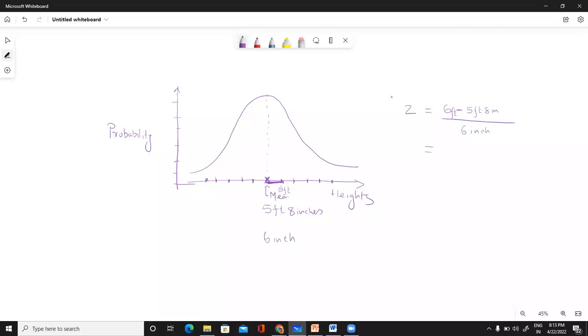So 6 feet minus 5 feet 8 inches will be how much? It's 4 inches, right? And in the denominator, it is 6 inches. So 4 by 6 will be how much? 2 by 3, that means 0.66 something like that.